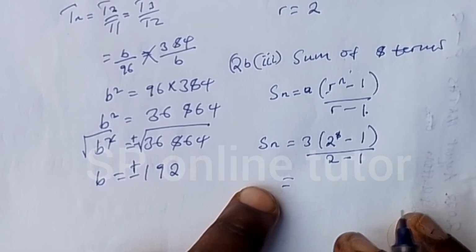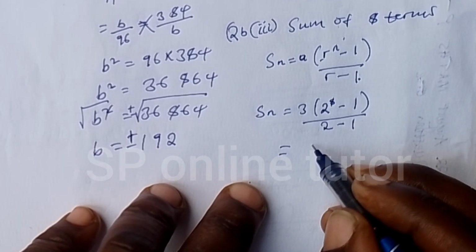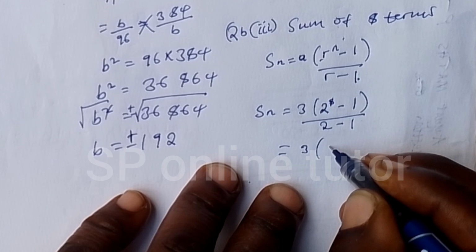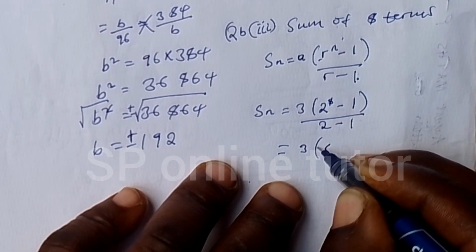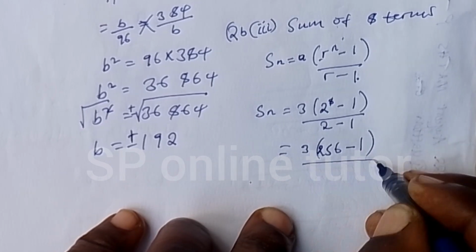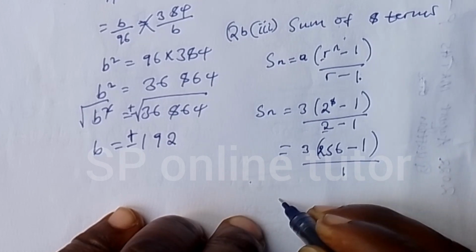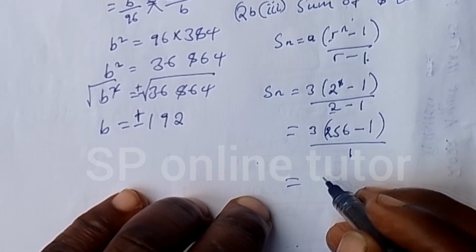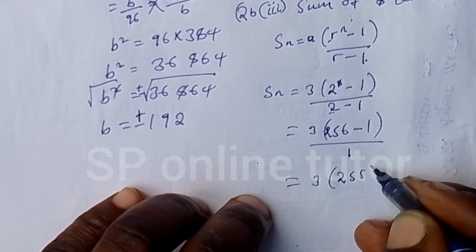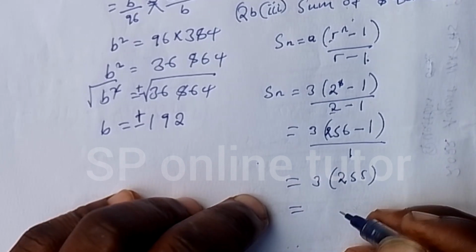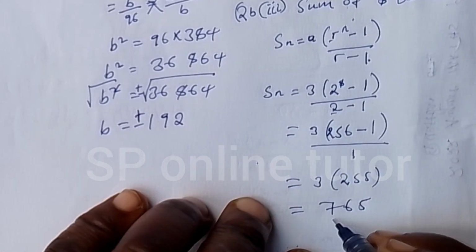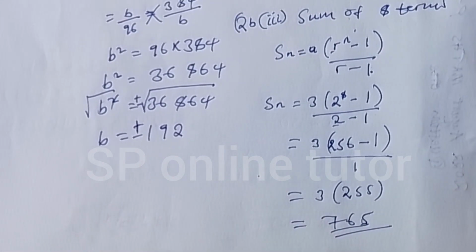This is equal to 3 times the bracket, here we are going to have 256 minus 1, over 2 minus 1, which is 1. So it will be 3 times 256 minus 1, which gives 255. Then 3 times 255, you are going to have 765. This is our final answer for today.